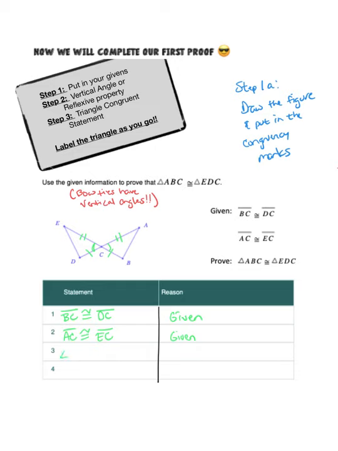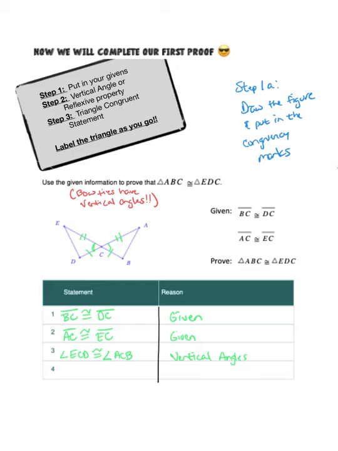So angle ECD is congruent to angle ACB. This is why you had to learn how to name angles. The vertex goes in the middle. You learn this the very first unit. And my reason, vertical angles. Because they are vertical angles, therefore they are congruent.